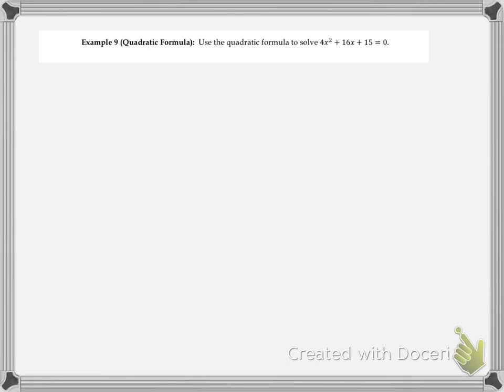Okay. Use the quadratic formula to solve. This problem actually needs to be changed, so let's change this slightly to 4x squared plus 15x plus 16 equals 0. I'm just changing the 15 and the 16. Now you tell me what's a, b, and c. a is 4, b is 15, and c is 16.